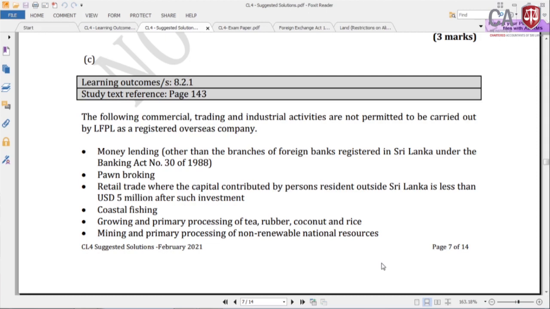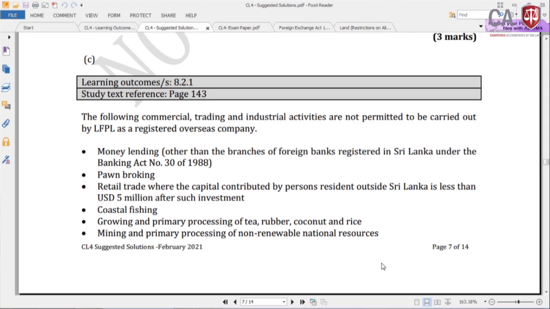Money lending, other than the branches of foreign banks registered in Sri Lanka under the Banking Act number 30 of 1988. So, you can't do money lending. You can't do pawn broking, then retail trade where the capital contributed by persons resident outside Sri Lanka is less than USD 5 million after such investment. And you can't do coastal fishing, like a normal person who cannot do.